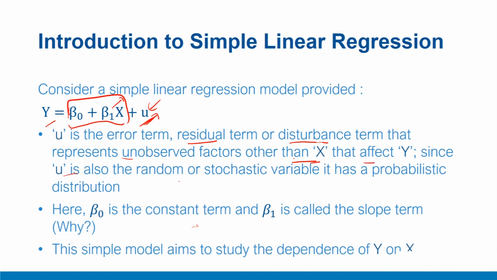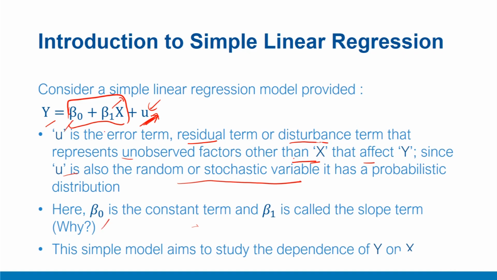Since mu here is also a random or stochastic variable, it is considered to have some kind of probability distribution. Often a normal distribution is employed to model this error term mu. But the idea here is that this is random in nature and its values assume some kind of probability distribution.